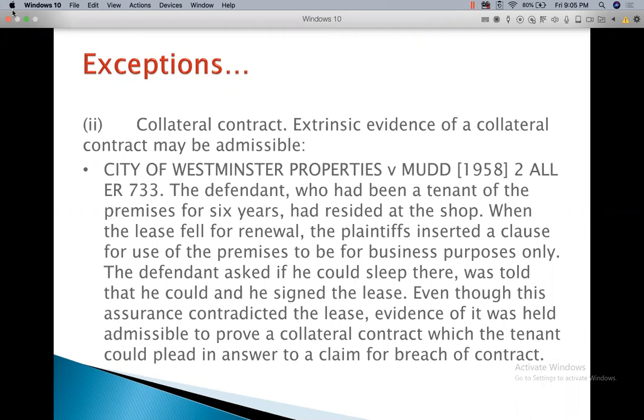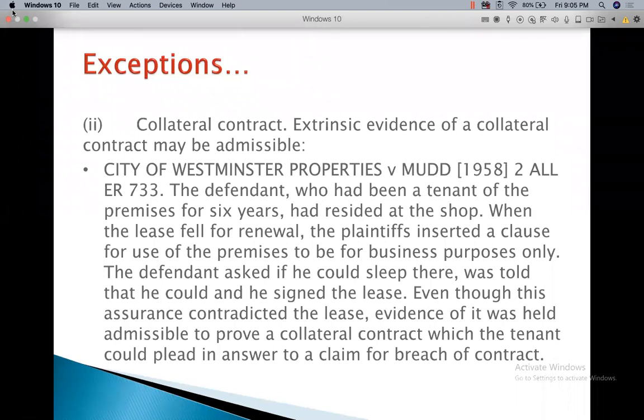Now, in City of Westminster Properties, the defendant had been a tenant of the premises in question for 6 years. And he resided at the shop within these premises.